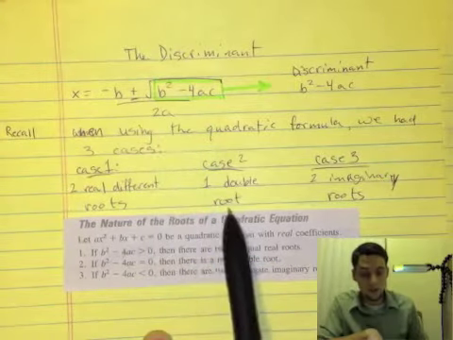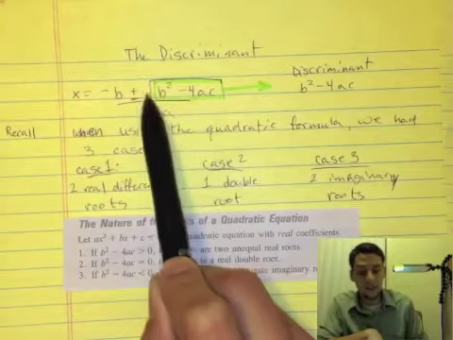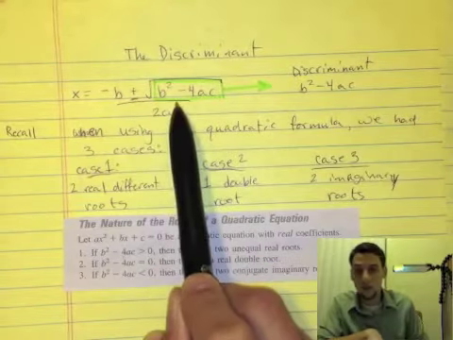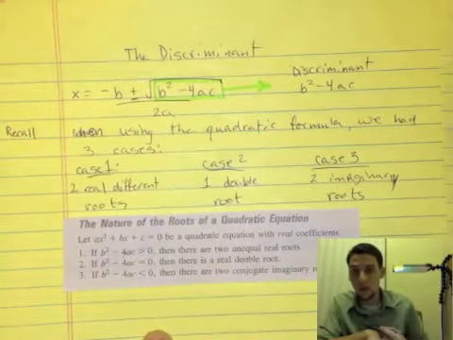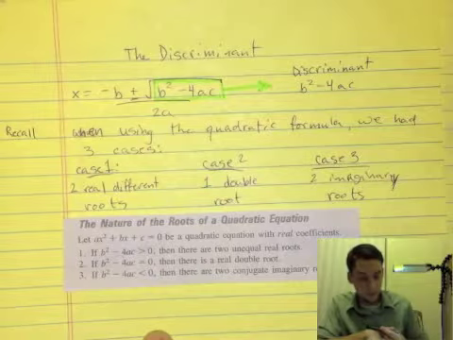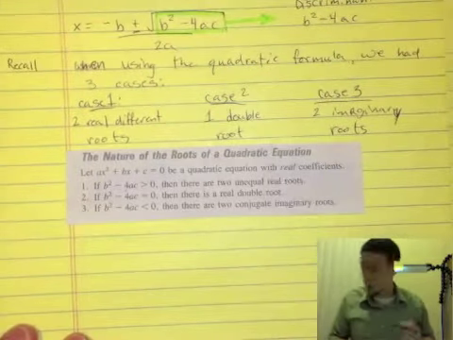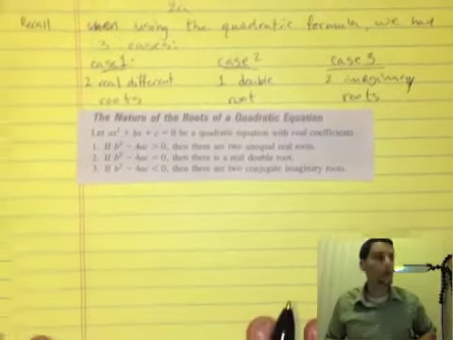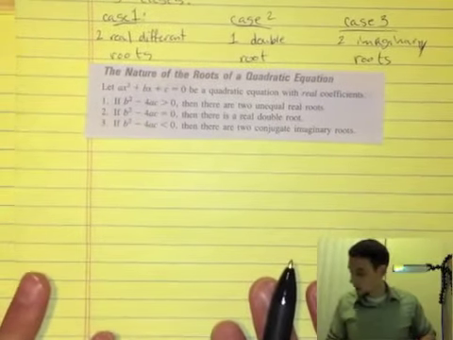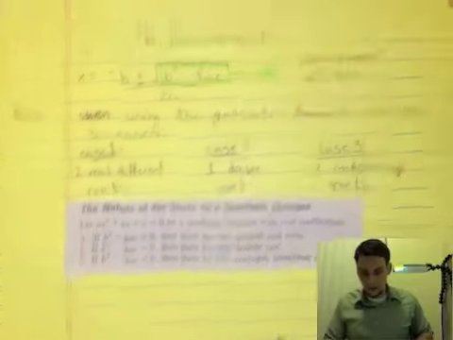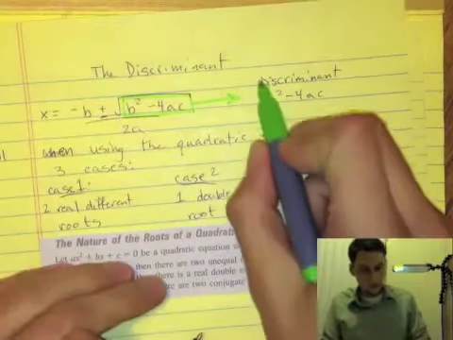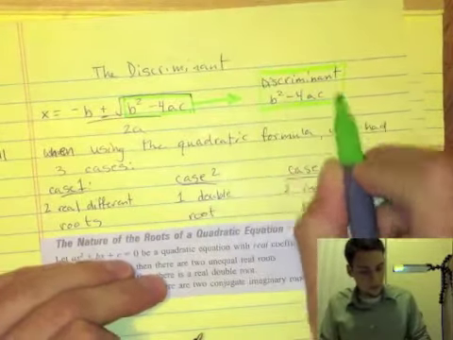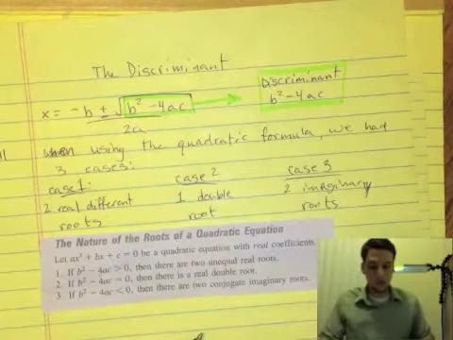And if this is negative, we'll have a negative under the square root, which will give us our two imaginary solutions. So that's that. And we can start doing an example. The discriminant is b squared minus 4ac, and this is something you need to know.